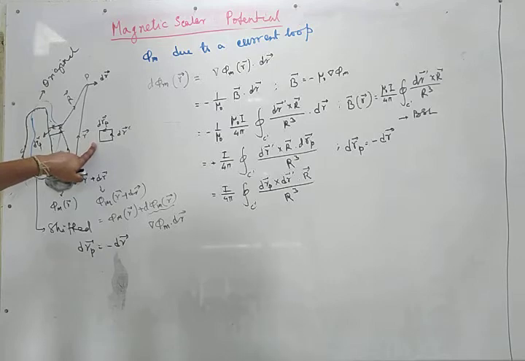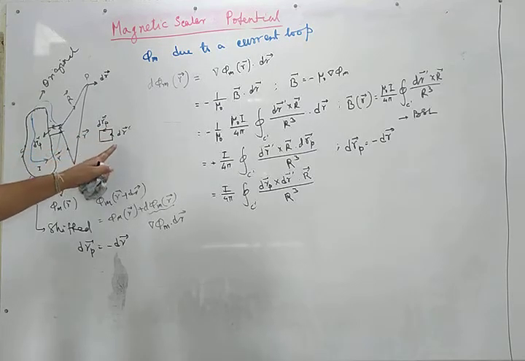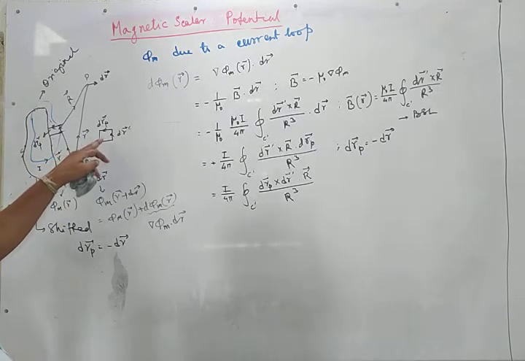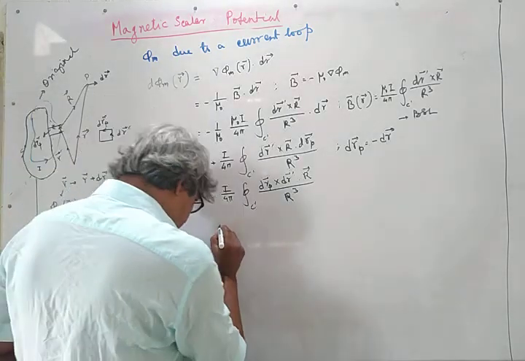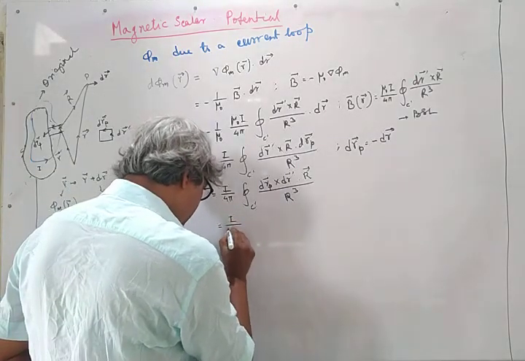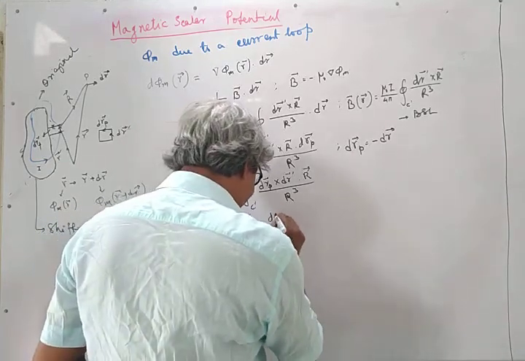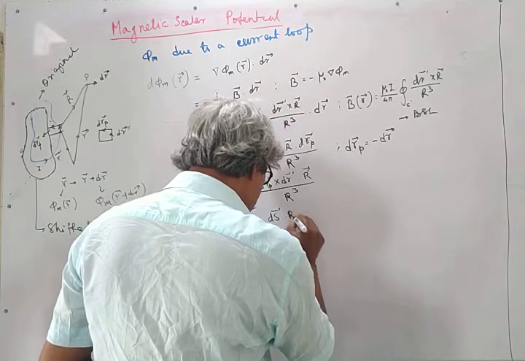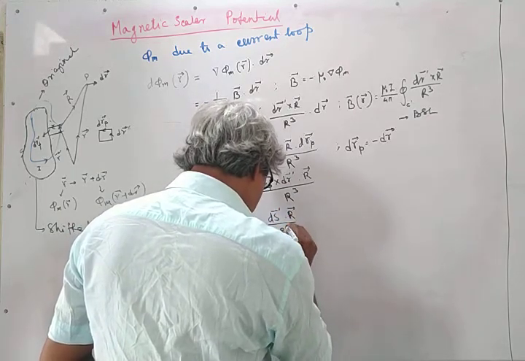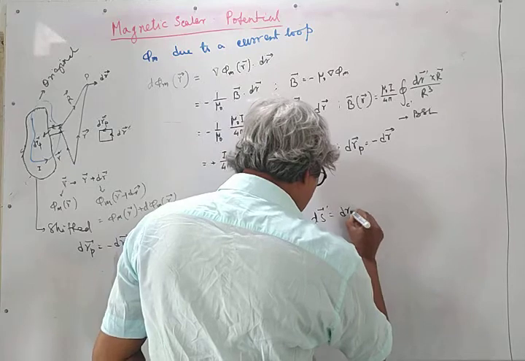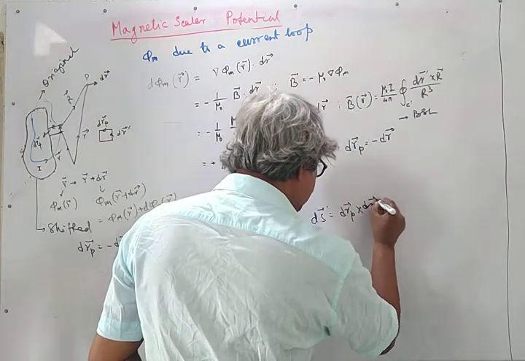In this case, it is in the plane of the board and directed away from us. So we can call it ds prime, where ds prime is equal to drp cross dr prime.